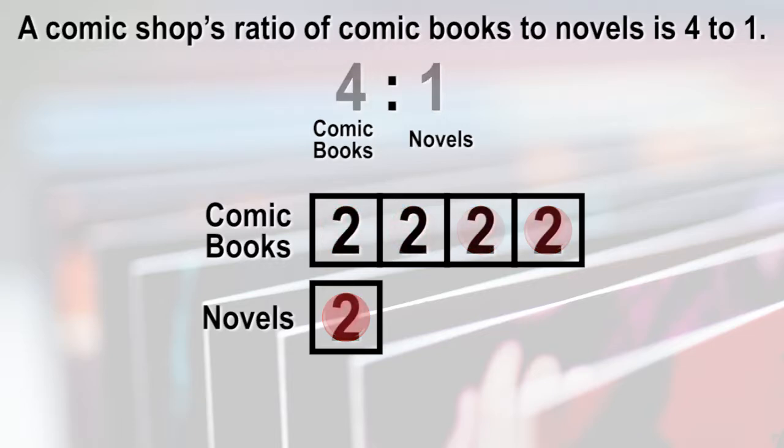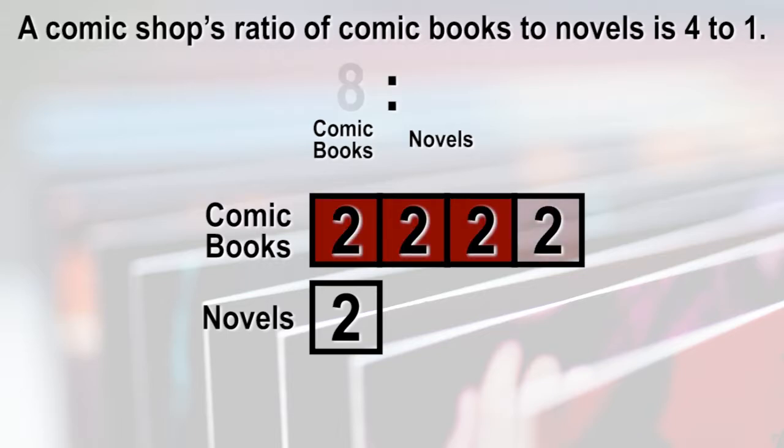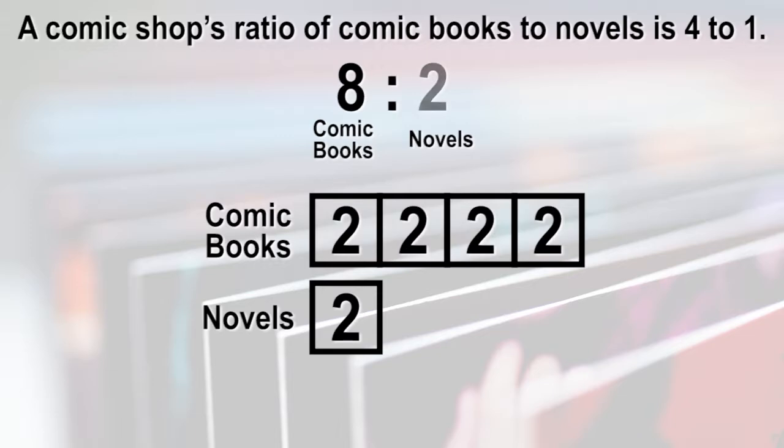If each of the units were worth 2, how many comic books and how many novels would there be? It looks like 2, 4, 6, 8 comic books and 2 novels. Again, the number of comic books is 4 times greater than the number of novels.